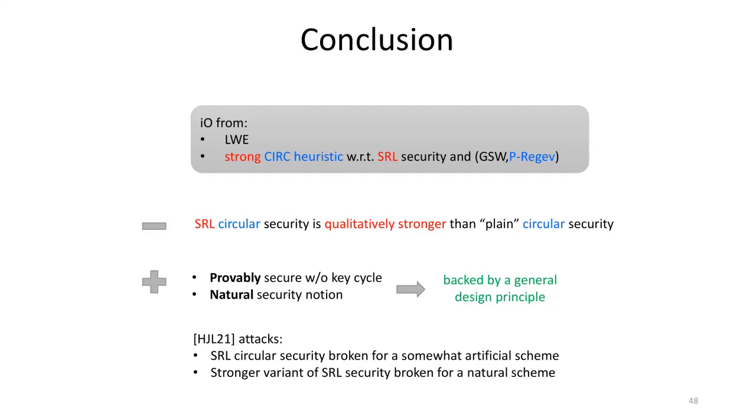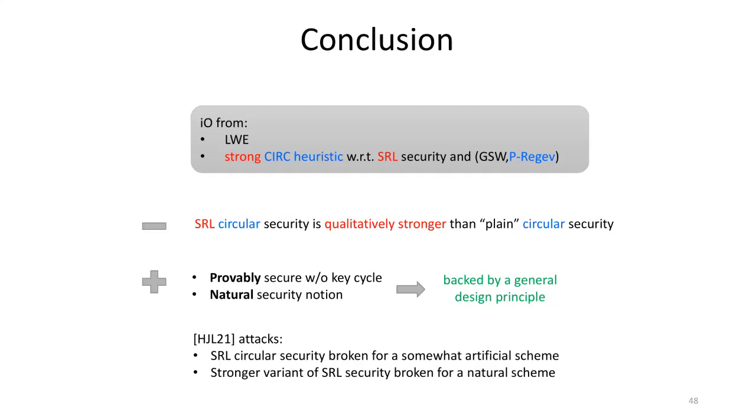You can say it's artificial in the way it does the homomorphic evaluation. It does it in a way that purposefully correlates the randomness with the underlying plaintext, and that is exploited by their attack. So clearly, it's important to be careful in what you actually consider to be a natural scheme.